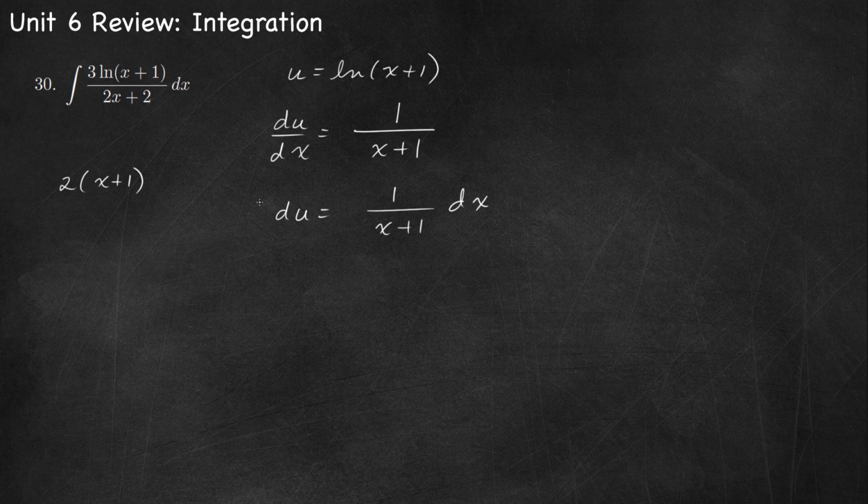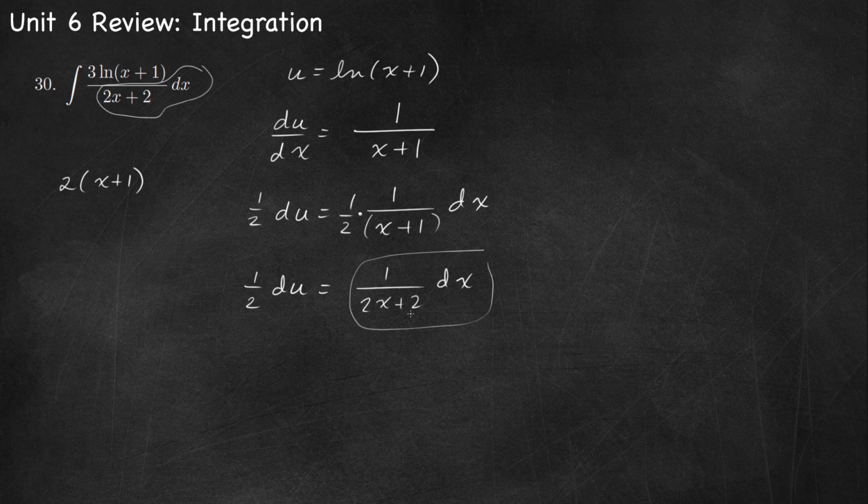So look what happens if I multiply both sides by 1/2. Then I have 1/2 du equals 1 over, and I'm going to distribute the 2 down there, 2x plus 2 dx. So now 1 over 2x plus 2 dx, right here, gets replaced with 1/2 du.